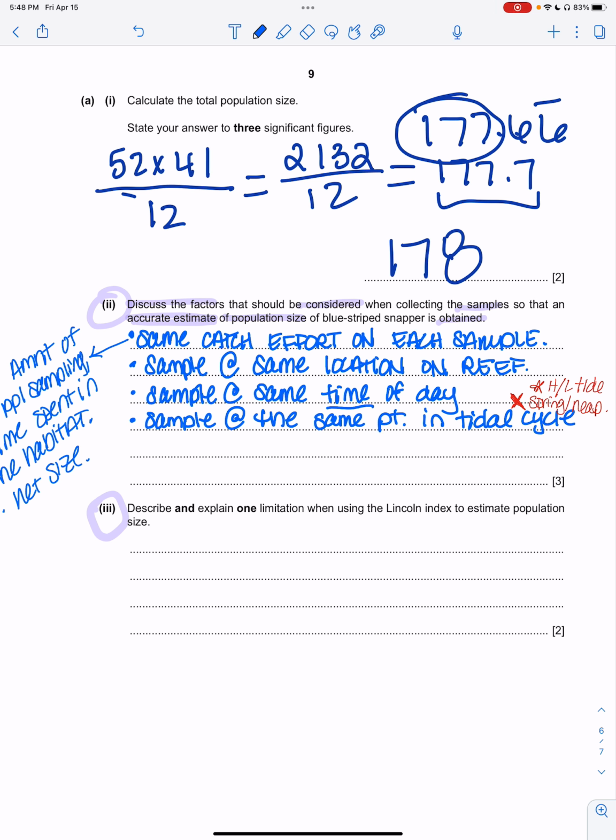All right. This one's kind of vague, but it does recommend having an appropriate length of time between samples, between the two.